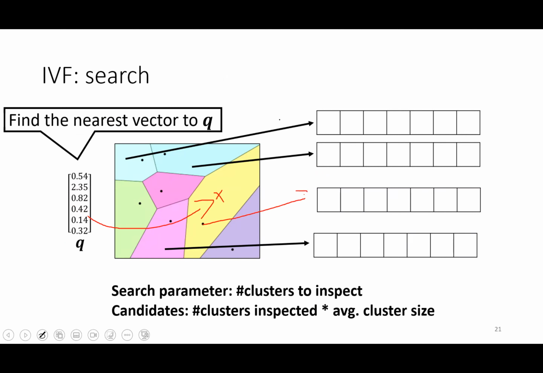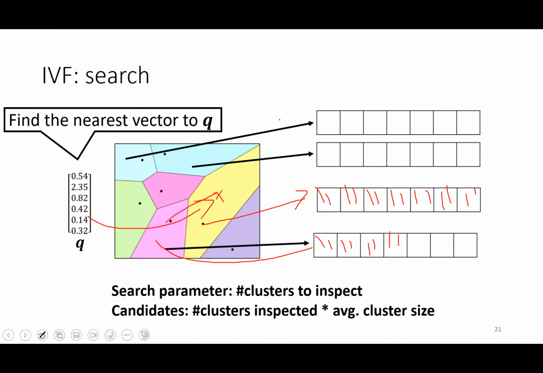With it is associated a list, and you go through all of these elements and compare them and return the closest points. This is often not good enough. So you also have to go to other close centroids. For example, maybe this here is also not so far away. So you would also go to this list and also check those.